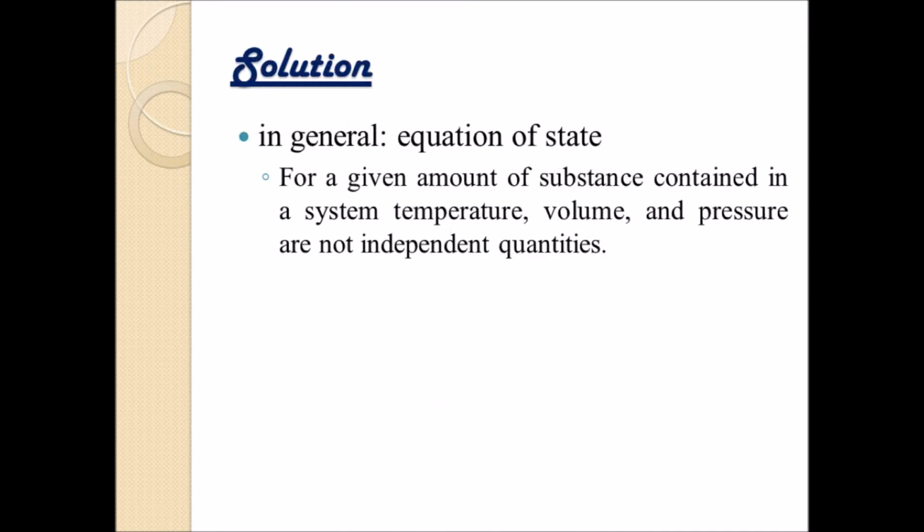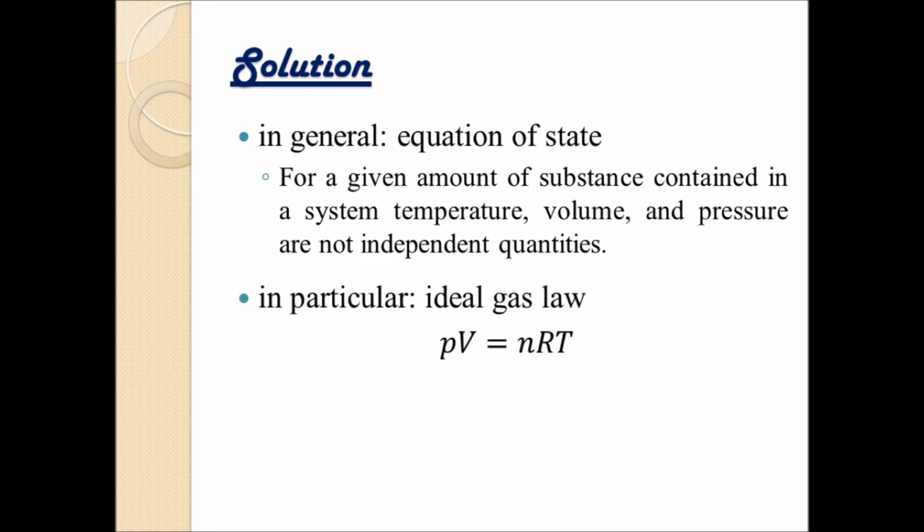In general, we know that in thermodynamics, the equation of state holds. This equation states that for a given amount of substance contained in a system, temperature, volume, and pressure are not independent quantities. In particular, the ideal gas law holds if we consider an idealized system.